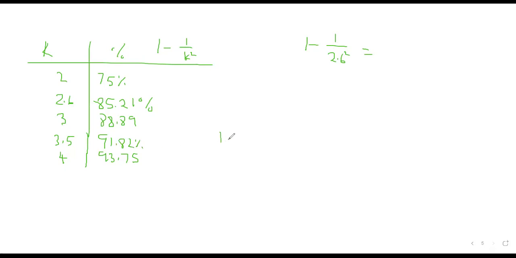You just did 1 minus 1 over 3.5, to the power 2. Correct. You found 0.9182. Are we following with the percentage? It is this figure. Are we together so far?